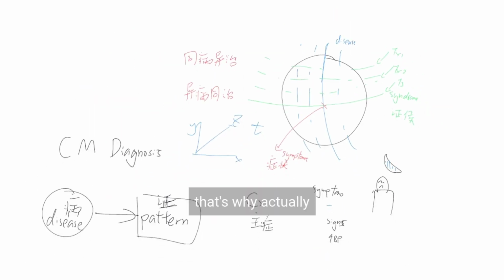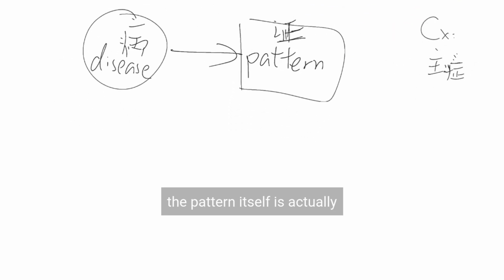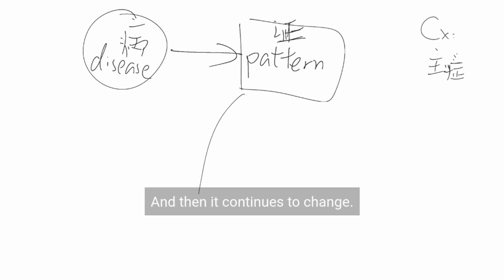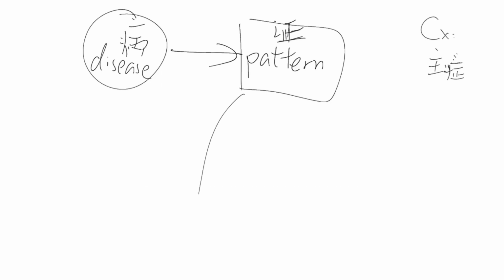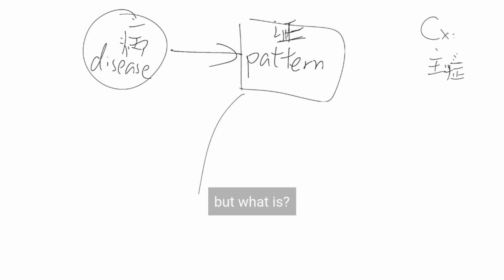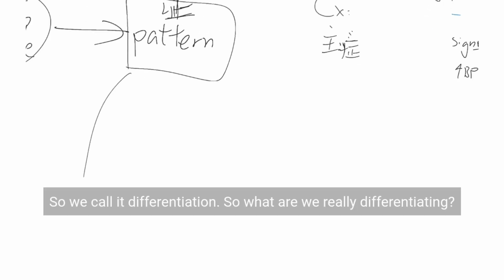That's why the pattern itself is multi-layered. It constantly changes, and it can also absorb information from the outside, and then continue to change. So now we know what a pattern is, and we also know the terminology called pattern differentiation.